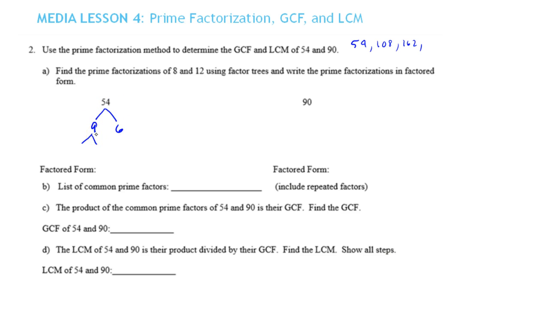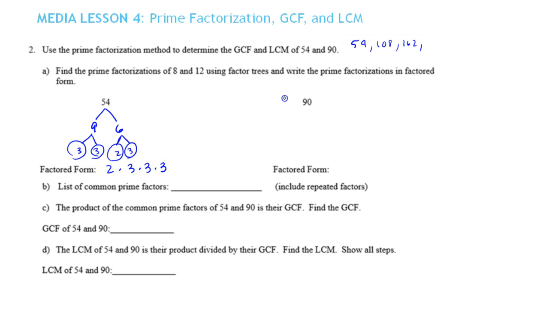Since you're factoring it, you're breaking it down. 9 is 3 times 3, and 6 is 2 times 3. So the factored form of 54, I'll write these in increasing order, is 2 times 3 factors of 3.